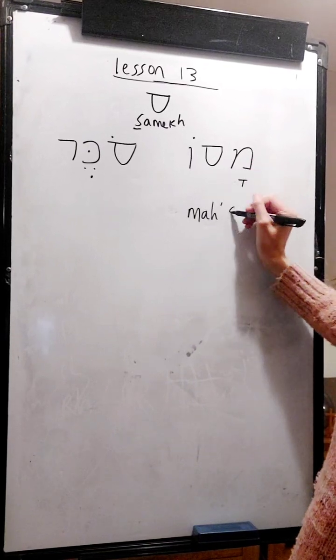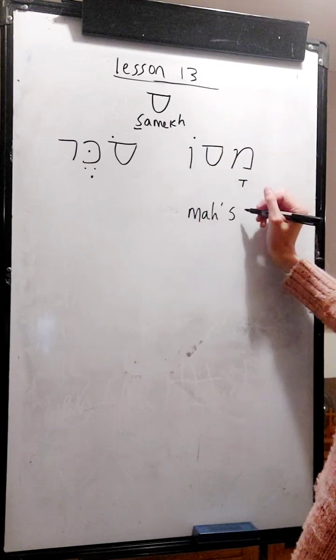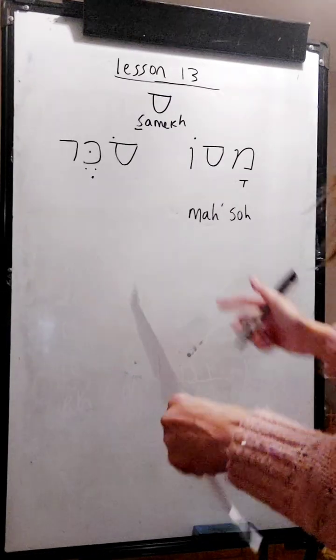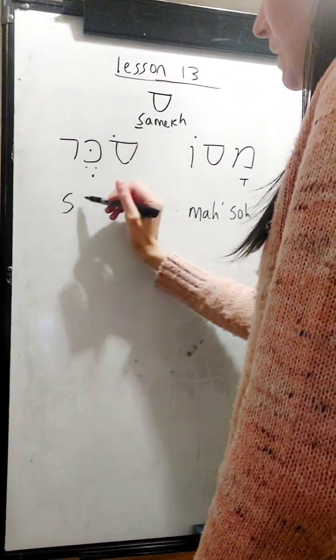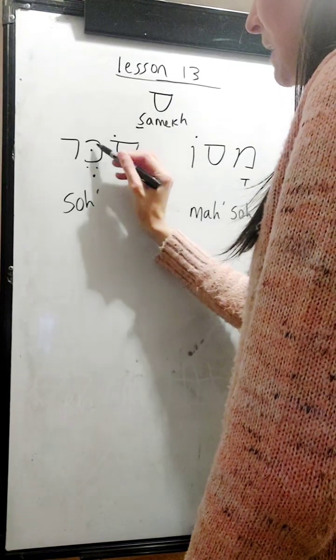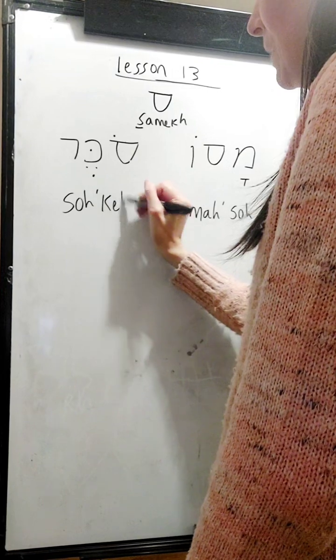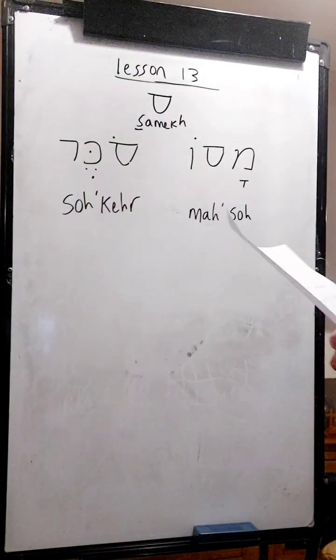Sound of the consonant, sound of the vowel: it's the vav with the dot on top, which is the O vowel. Maso. On this one, sound of the consonant, sound of the vowel, O. The next consonant is the kaf, which sounds as ka. The three dots is the air vowel, and resh at the end. Socher.